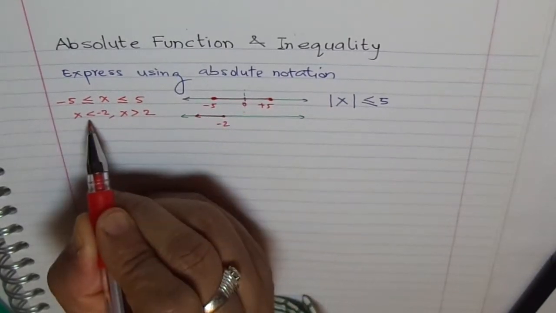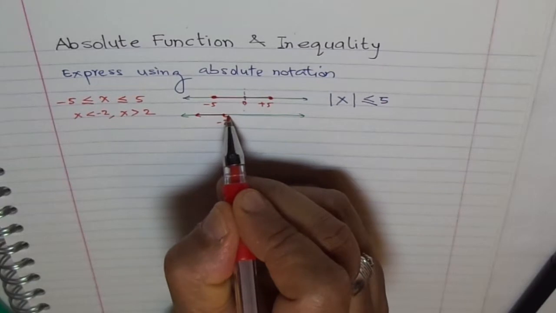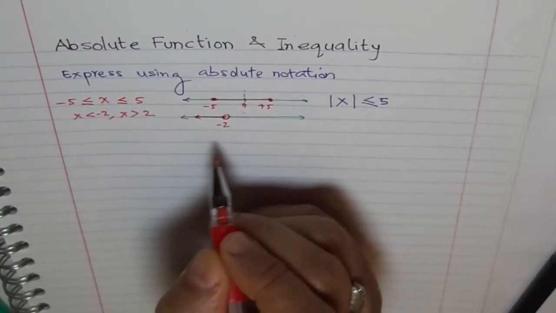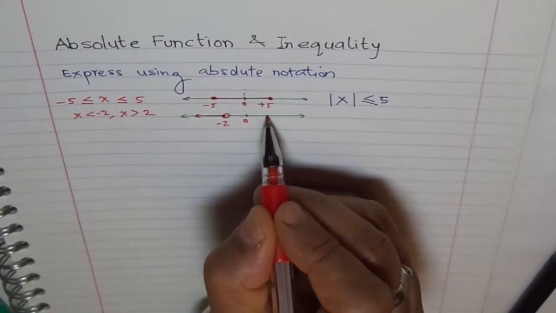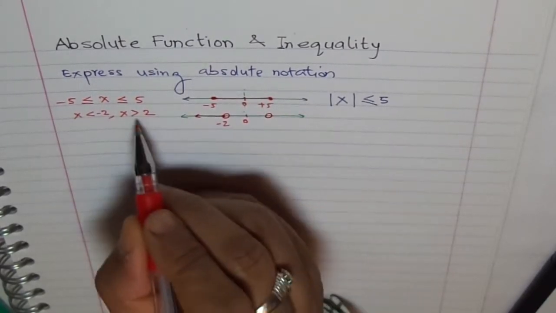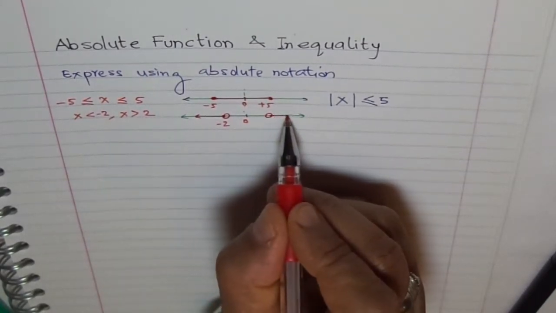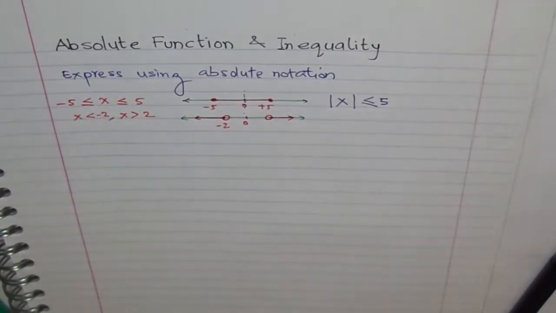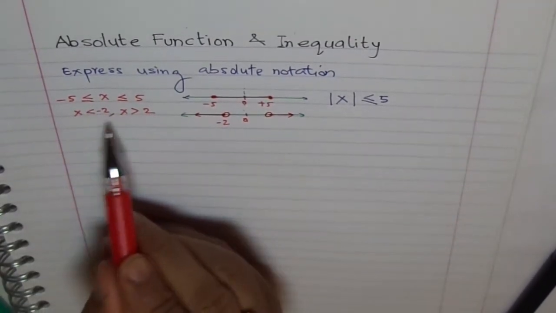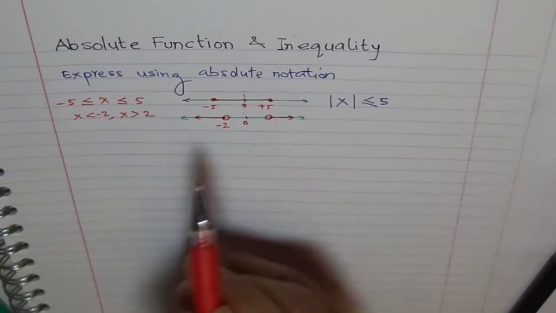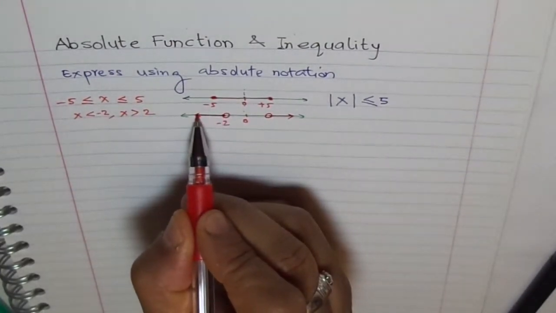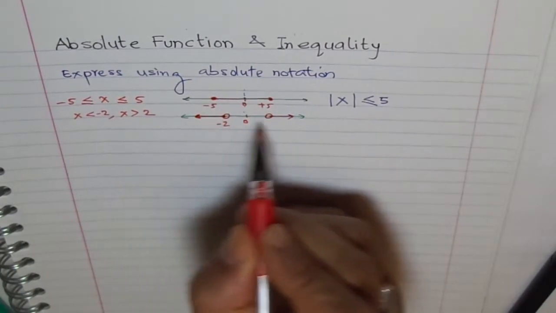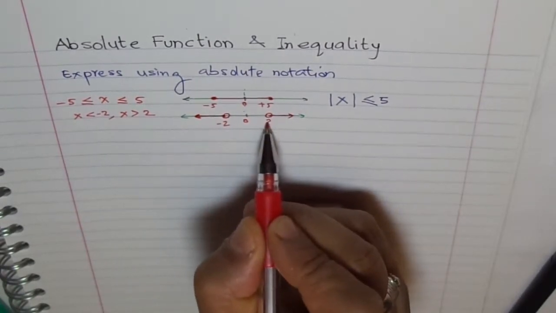Well, I've said less than, not equal to, so I should make a hole here and not fill it up. And here, let's say this is my origin, 0, and here is my point, 2, and x is greater than 2. So on a number line, we can represent this inequality like this, where everything in the domain of real numbers but less than -2 and greater than 2.